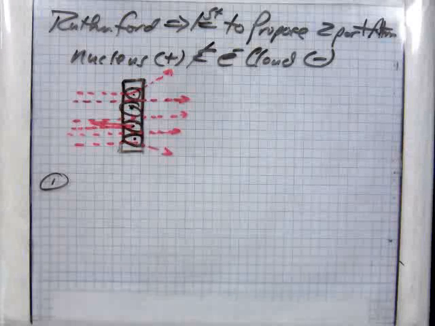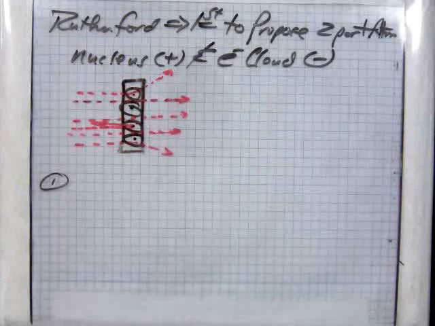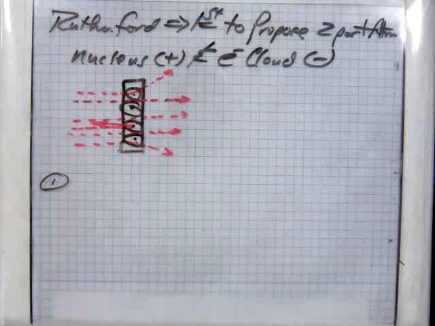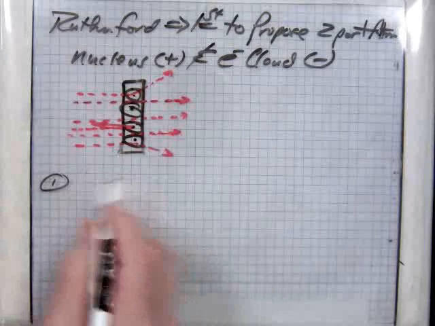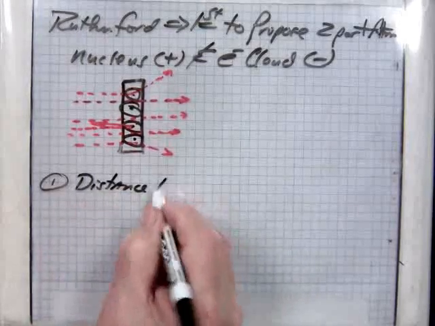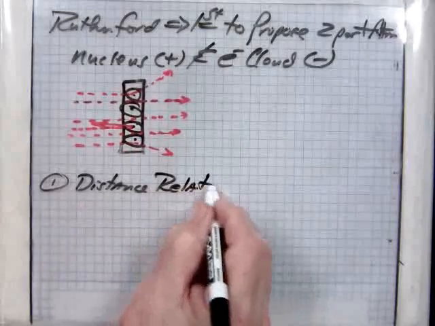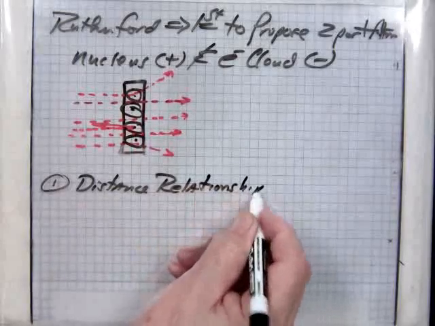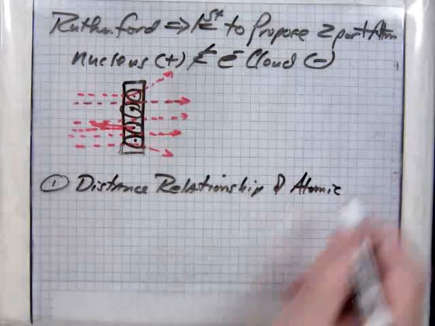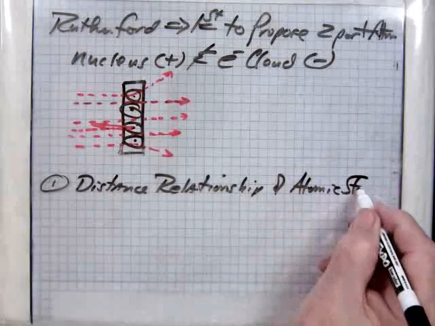So the purpose of this is if you had to describe to somebody what the atom looked like based on, say, the Bohr model, this would be a good set of postulates that you could work with. So we're talking about a distance relationship of atomic particles, of atomic structure.